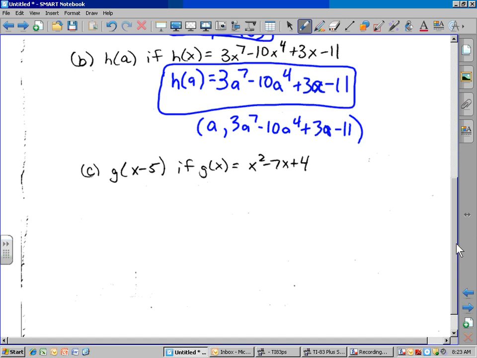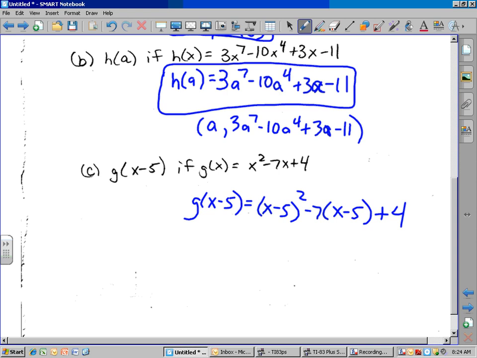Yes, the brave one is raising his hand. x minus 5 squared minus 7 times 4. I liked how you used the quantity here, even if you forgot to say quantity. I knew what you meant, though.